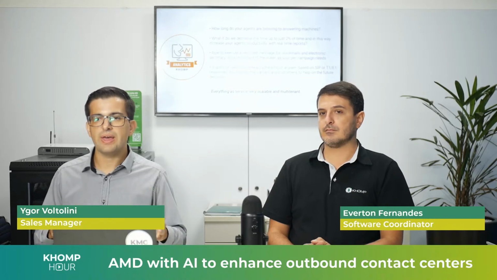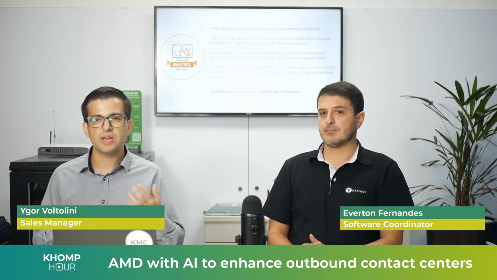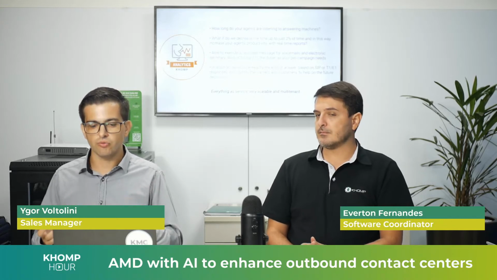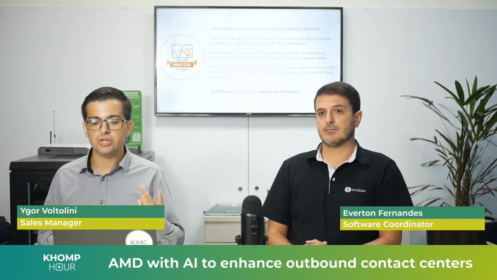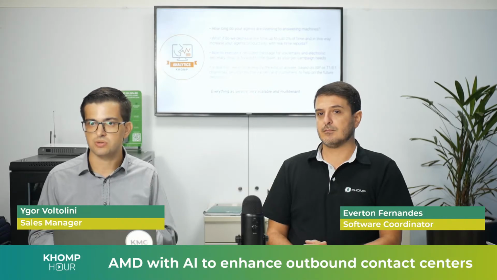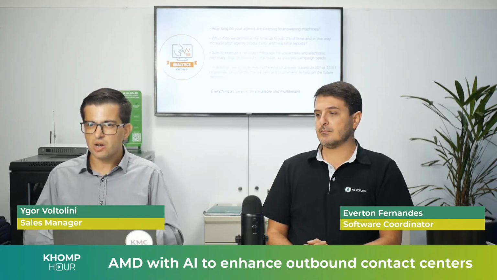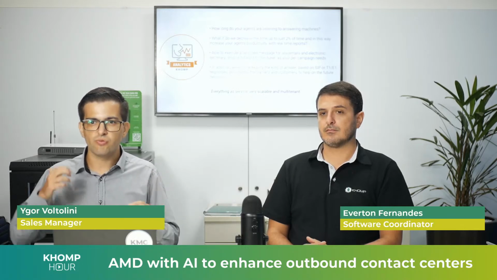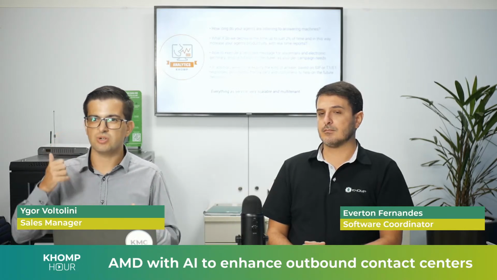So with the analytics, we solve some problems, but what are the problems that we solve? How long are your agents listening to answering machines? There is a lot of time the agents spend listening to answering machines.